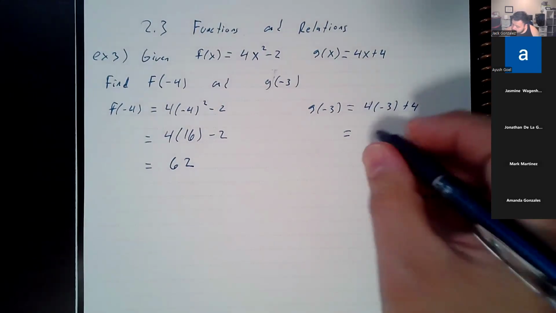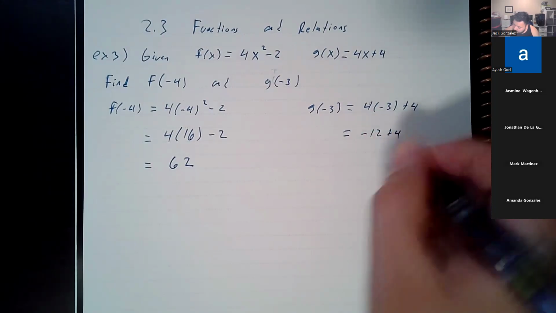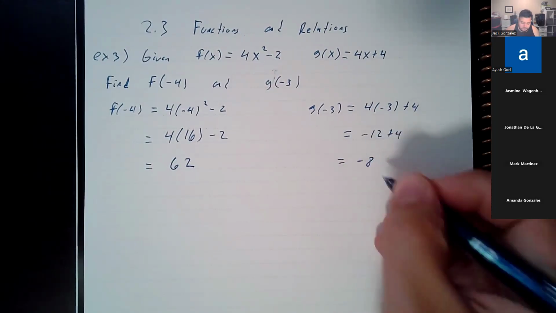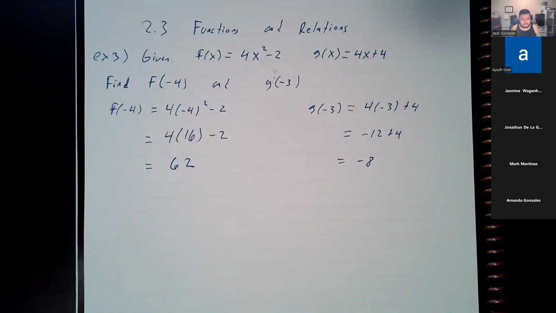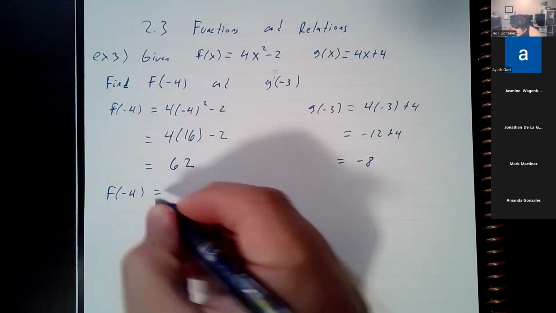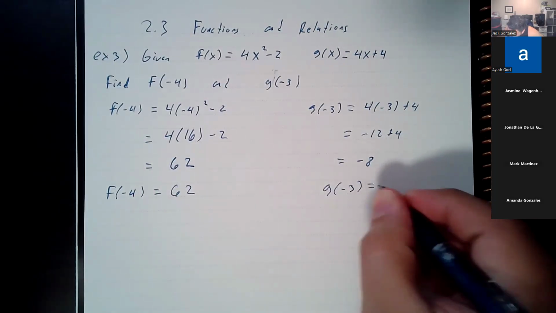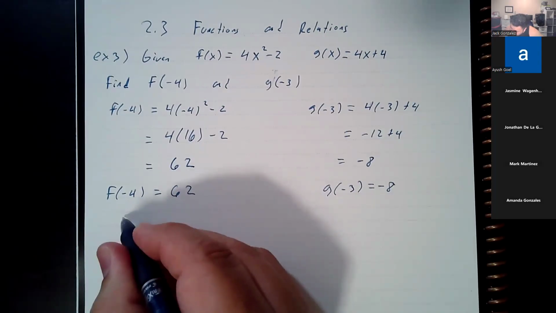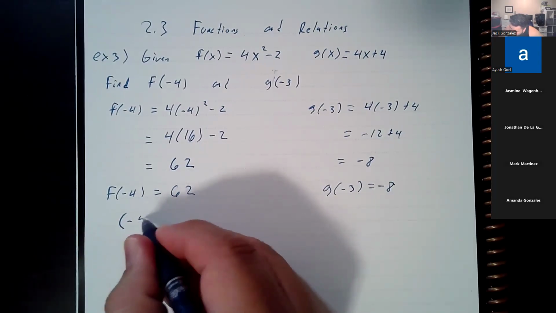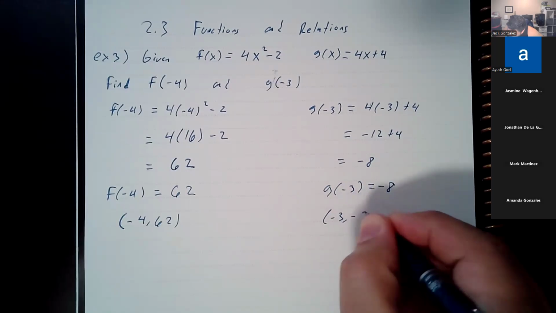Plug in negative 3, that'll be 4 times negative 3 plus 4. So you would say that f of negative 4 is equal to 62. g of negative 3 is equal to negative 8. This is also the same as saying the point negative 4 comma 62, negative 3 comma negative 8.